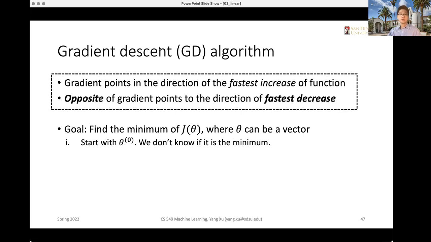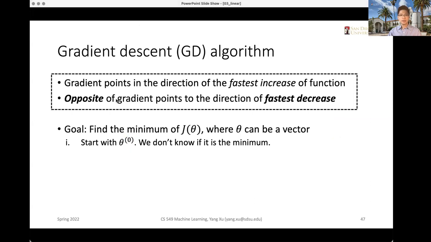Notice that the 0 here appears in the superscript. It doesn't mean theta subscript 0, which is one of the parameters. This theta 0 itself is still a vector, and the 0 means it's our 0th, or initial, iteration of the algorithm.